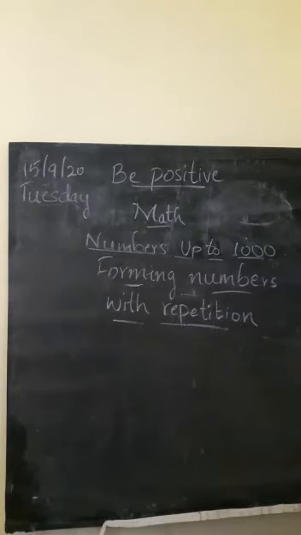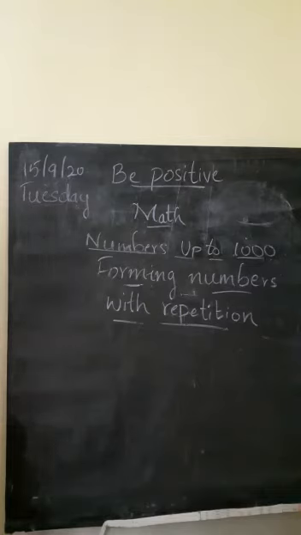Now let us start the third one, that is form the greatest and the smallest 3-digit numbers using the given digits. You may repeat a digit. One has been done for you. Here you can repeat a digit twice. Suppose the digits are 2 and 7. For this the greatest number is 772, as you can see in the example on page number 85. And smallest is 227.